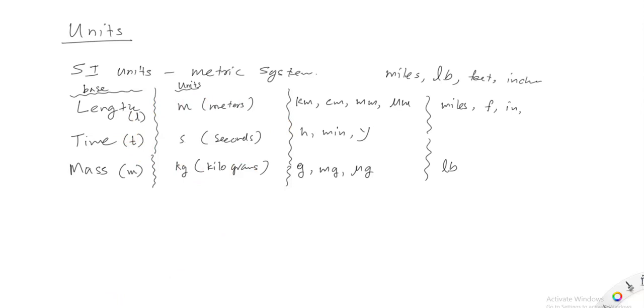Okay, so the next thing I want to discuss is unit conversions, how to go back and forth between different units. So let me go back and erase this. Okay, so unit conversions.